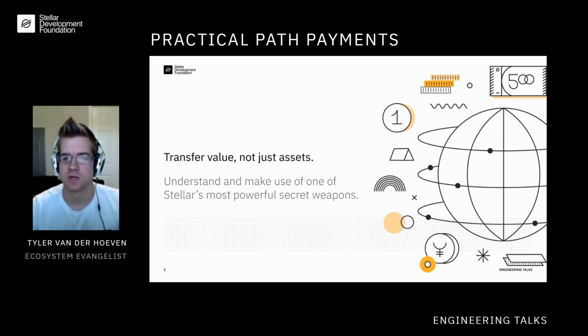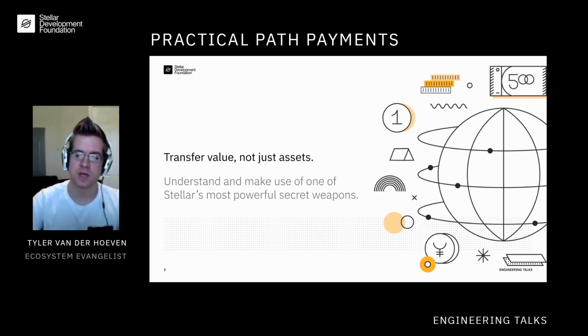A path payment is quite different, and I believe path payments to be one of the most interesting and important aspects of the Stellar blockchain. There's nothing necessarily new or incredibly different about path payments, but the feature, with its very tight packaging, pulls together a lot of different aspects of payments and order books, and allows you to do things that you really couldn't otherwise do without a lot of headache.